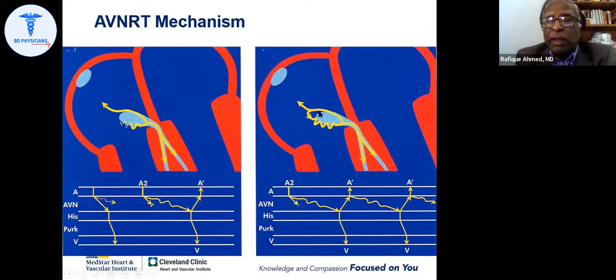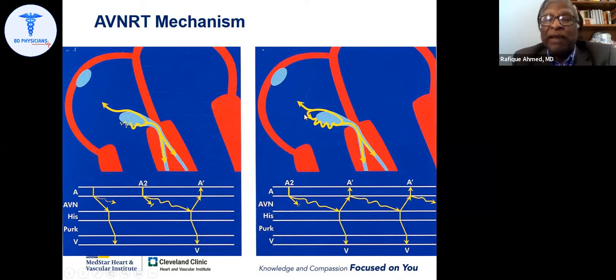So what happens? The AV node can have a slow pathway and a fast pathway, and between these you can develop a re-entry circuit. Once it comes here, it goes below into the ventricle, and it comes up into the atrium, depending on which way it takes faster or the same time.